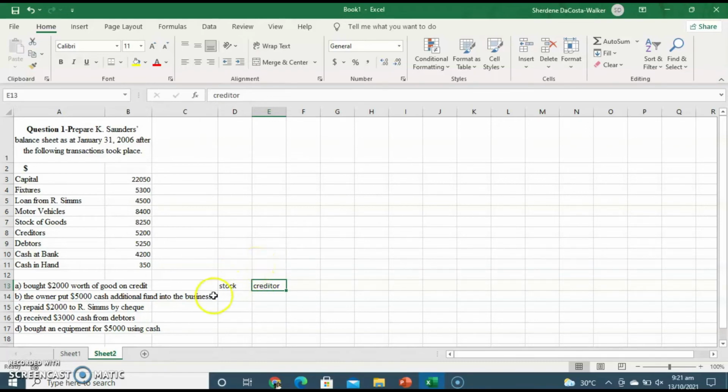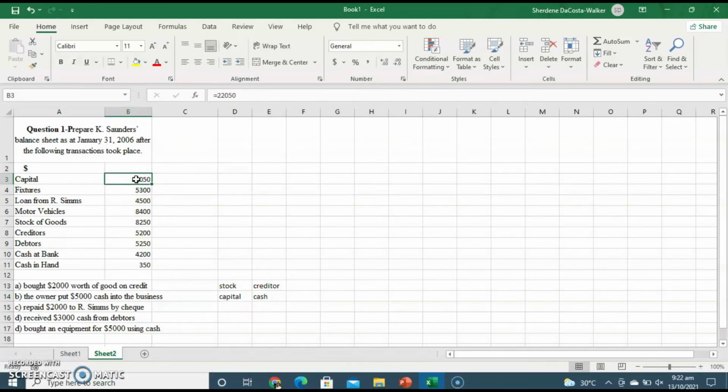All right. So the owner puts $5,000 cash into the business. When the owner puts money into the business, that will affect our capital. What did he put in? Cash. So that will also affect our cash. Now let us look at what is happening to capital. The owner puts more into the business.